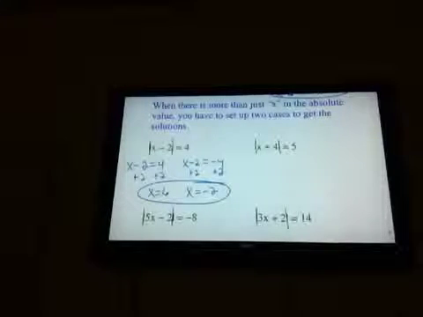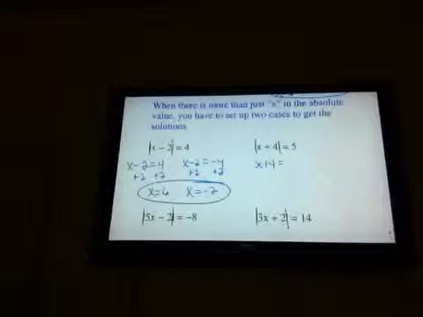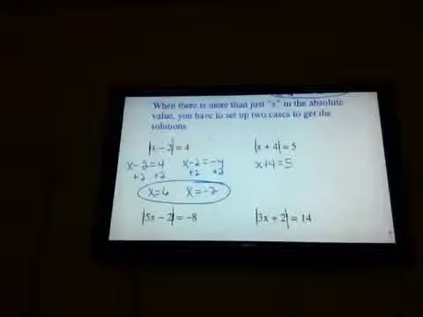Same thing in my next example. X plus 4 is by itself. Absolute value is alone. So I take my absolute value expression, the x plus 4 equals 5. Just drop off those bars and that's exactly what you write.